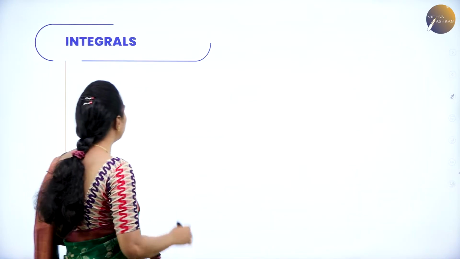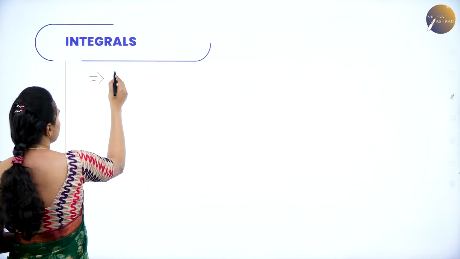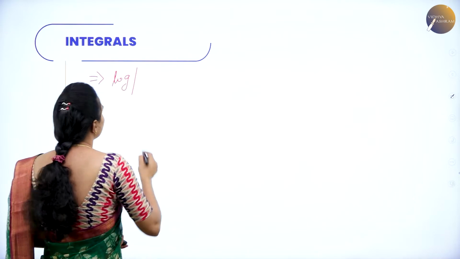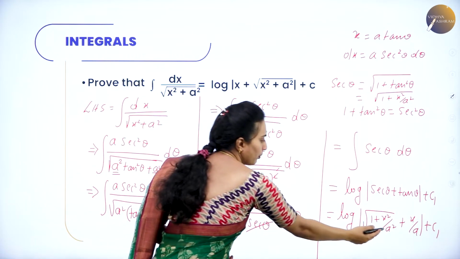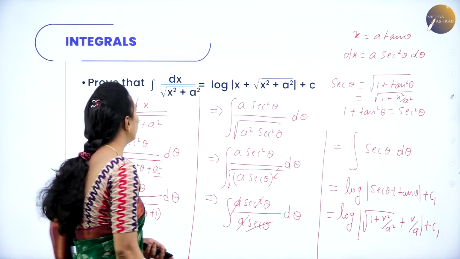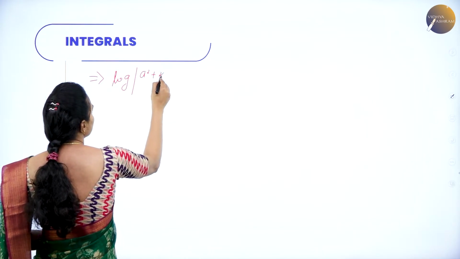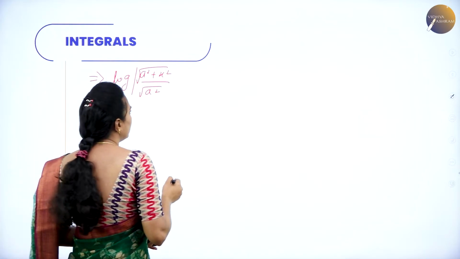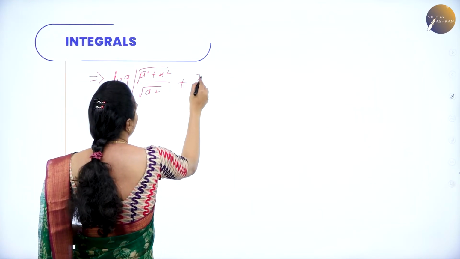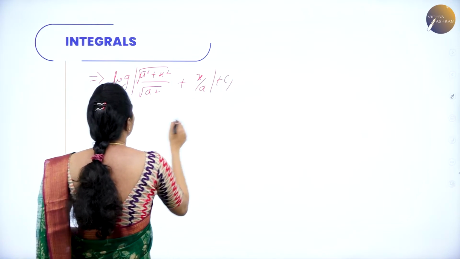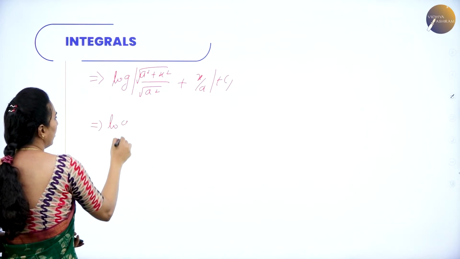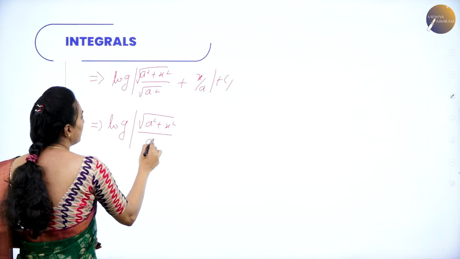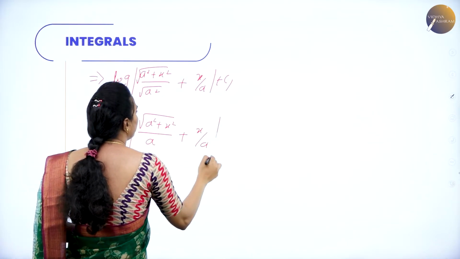Further simplification gives log of modulus of, here under the root you can observe a squared as LCM, a squared into 1 is a squared, so which will become a squared plus x squared divided by a squared. I am separating the root, again you are having plus x by a plus c1. Now which implies log of modulus of under the root a squared plus x squared divided by a plus x by a plus c1.